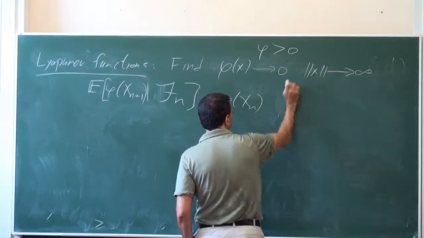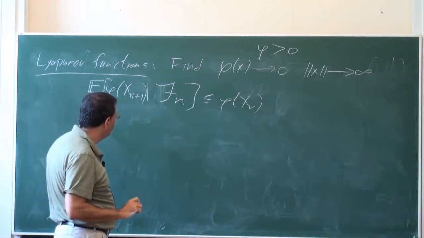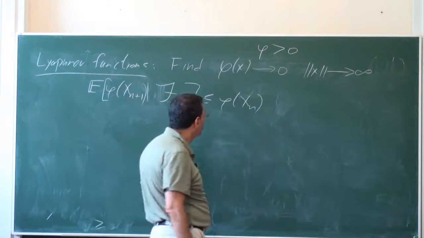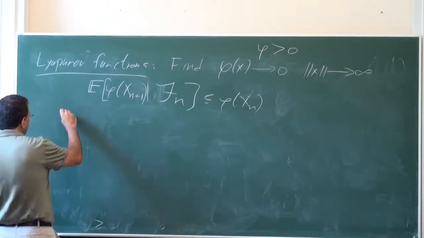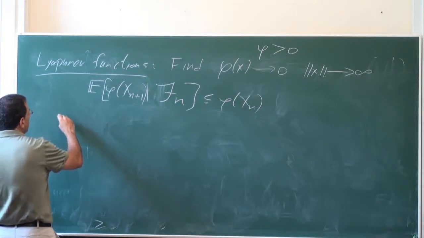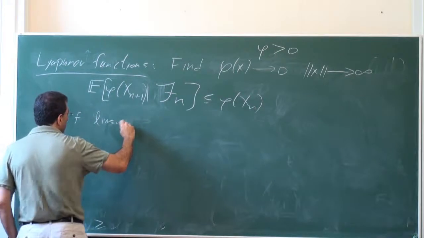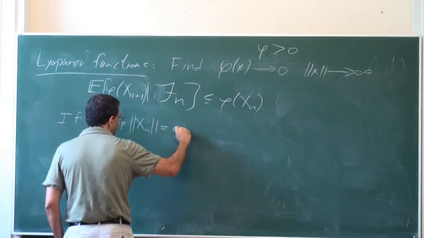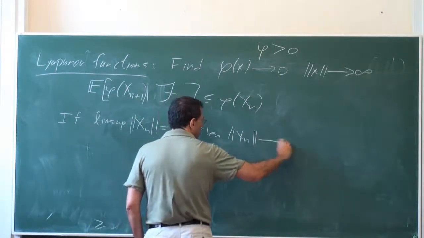Let's just put it this way: this will be true, and this will force... So now, if you know that lim sup of X_n is infinity, then X_n is transient.